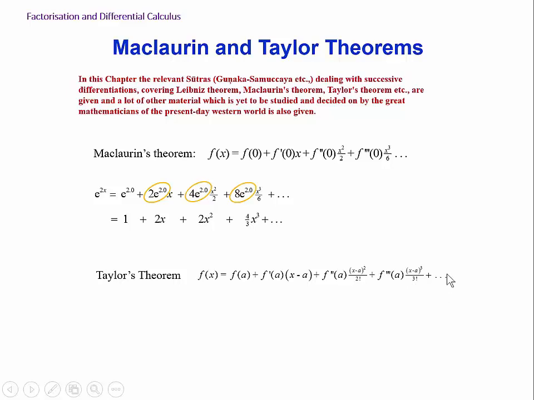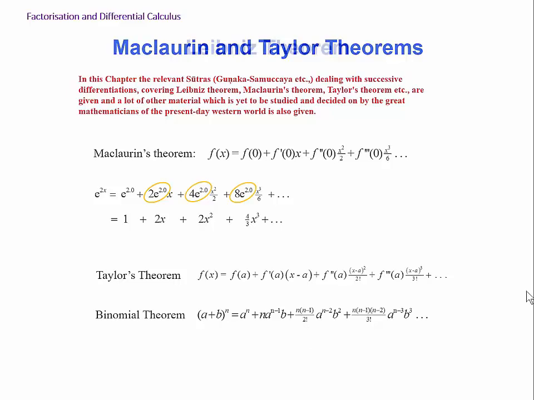And in the binomial theorem too, we see the same pattern. If you differentiate the first term, a to the n, you get n a to the n minus 1, and then this one, and so on. And integrating 1 we get b squared over 2, b cubed over 3 factorial, and so on.